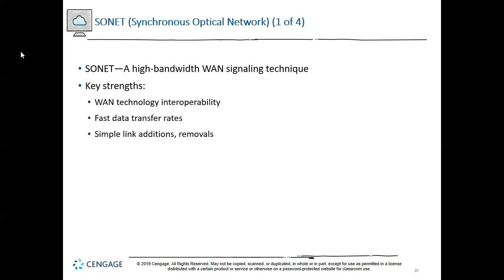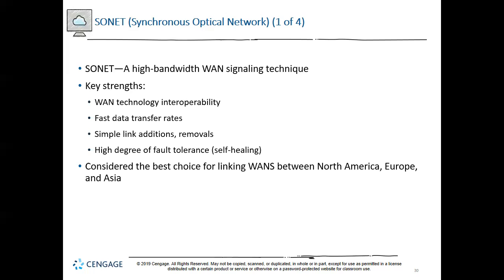Now it talks about interoperability. You can use multiple different protocols on your SONET. It has fast transfer rates, as it says. Self-healing. Now, we use this term SONET, but it's only actually used in North America, so in the United States and Canada. The same or similar technology is used around the world, and we just have a different name for it.